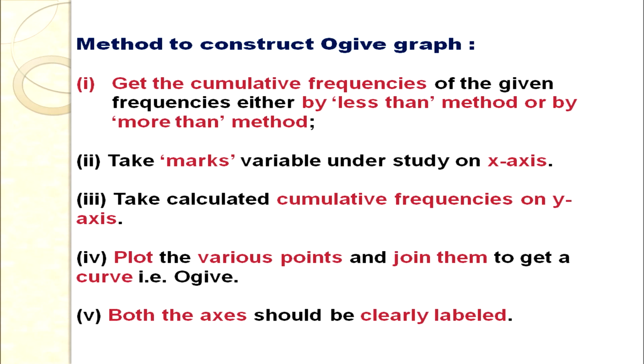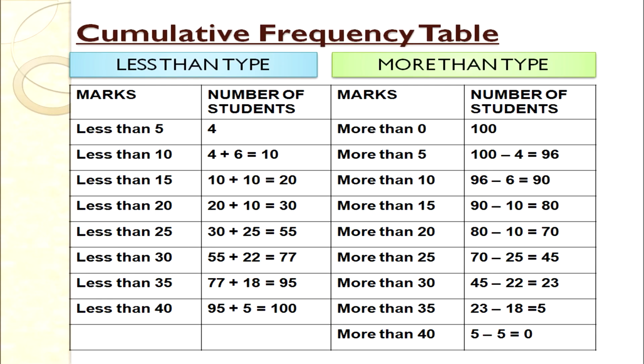Then plot the various points and join them to get the curve. For less than, plot the less than data; for more than, plot the more than data, and you will get curves. Both the axes should be labeled clearly. So these are the steps. Let us discuss with the help of this example. We have converted the exclusive series into a cumulative series.